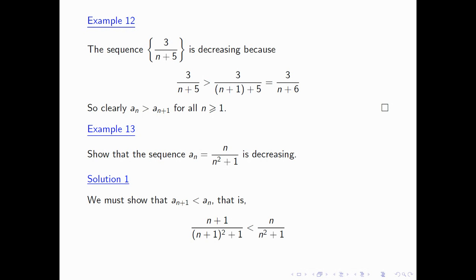In other words, we must show that n plus 1 divided by n plus 1 squared plus 1 is less than n divided by n squared plus 1. Notice that that's going to be the case if and only if I can cross multiply and get an equivalent condition. So I can multiply the n plus 1 by n squared plus 1.